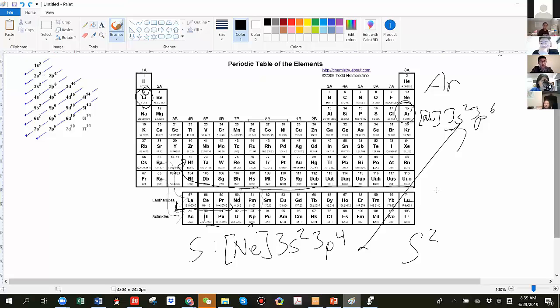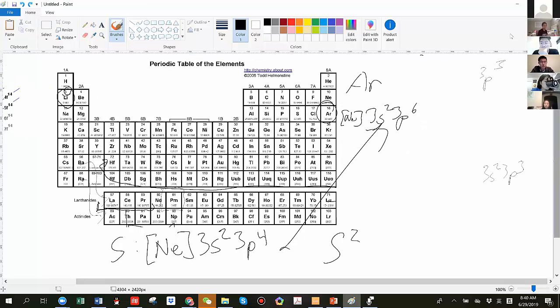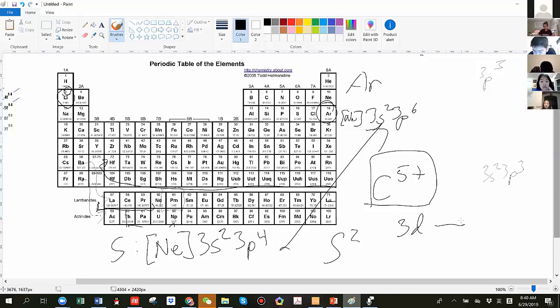Okay, so let's imagine we have a carbon 5+ ion, and let's imagine an electron going from a 3d orbital down to a 2p orbital, right?